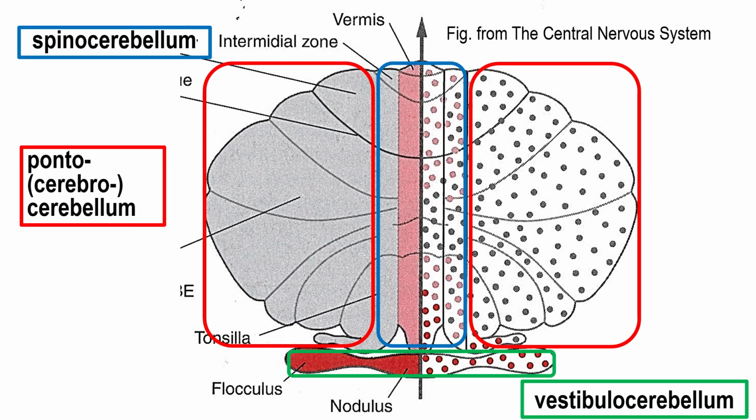The cerebellar hemispheres, especially the lateral part, receive their main input from the cerebral cortex, including the frontal and parietal lobes, synaptically interrupted in the pontine nuclei, and are therefore termed the cerebrocerebellum or the pontocerebellum.